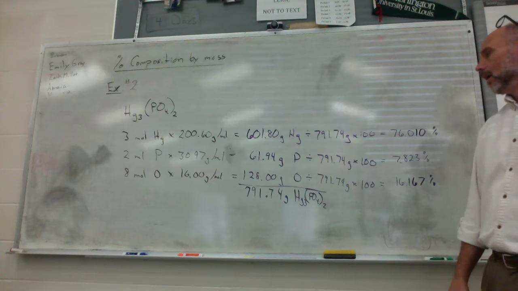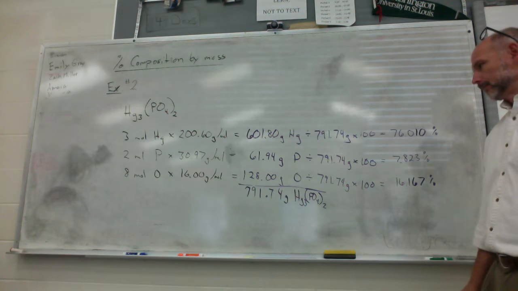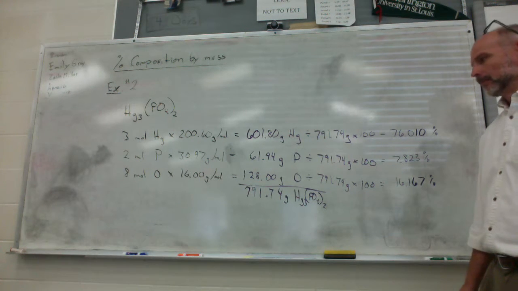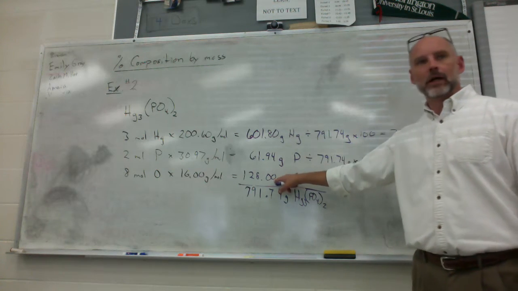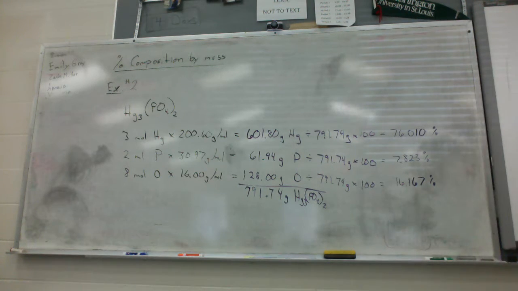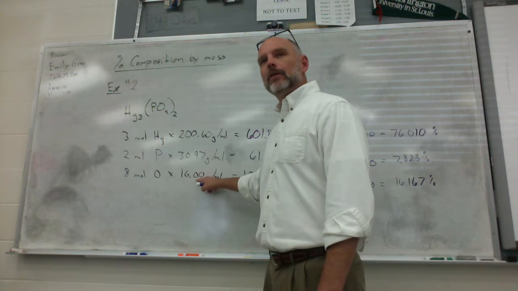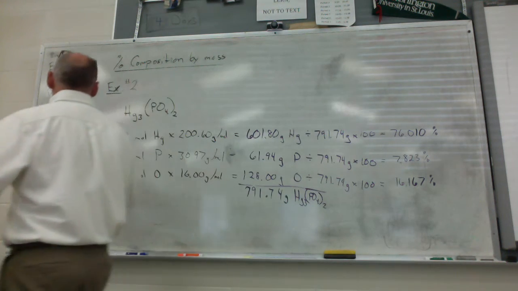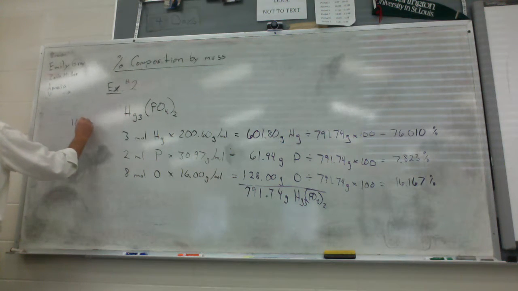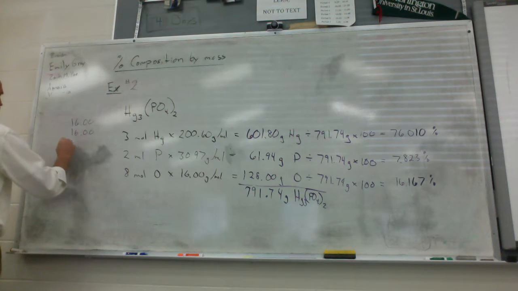When we type usually oxygen, it's just 16.00, right? So why is it 128.00? Because this is to 0.00. And when I add up 16 of those, should I keep going?